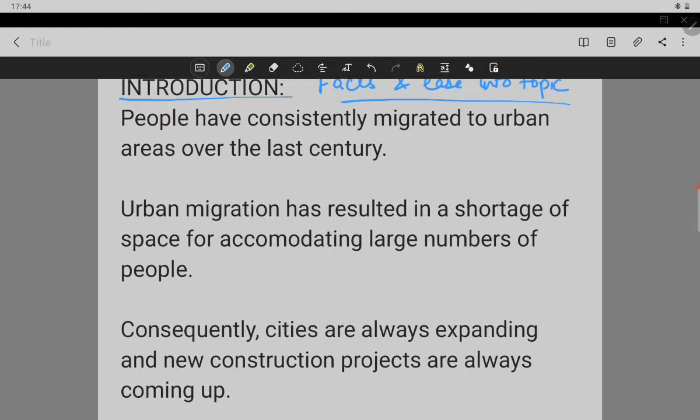So, we can start with something simple, which is true in this case. People have consistently migrated to urban areas over the last century. That at least for the last century, people have continuously, consistently migrated, meaning shifted from rural areas to urban areas. So, this is a fact. People have consistently migrated to urban areas over the last century.